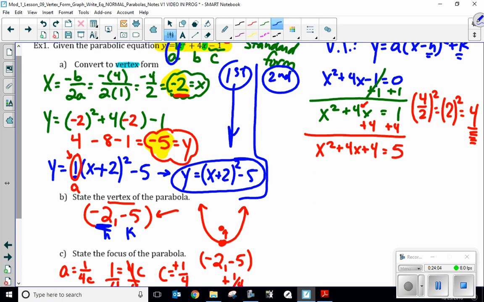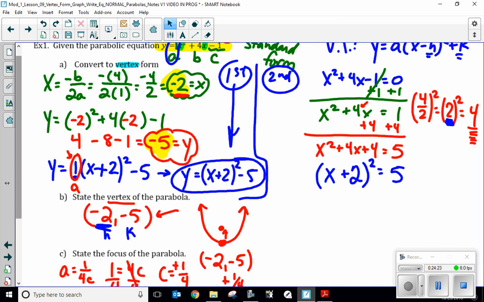I now have a perfect square on the left side of my equation. Whatever is in parentheses here, it's a positive 2. Goes in parentheses here, positive 2 squared equals 5. All right, we're not solving for x. We're trying to come up with an equation. So let's bring our 5 back over to the left.